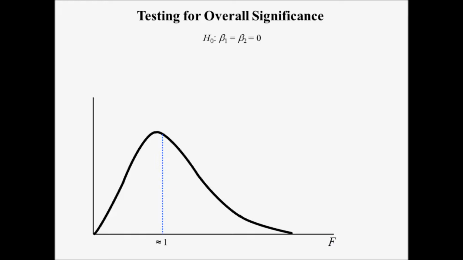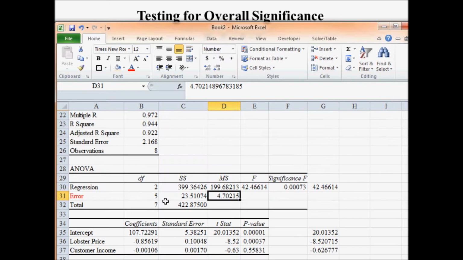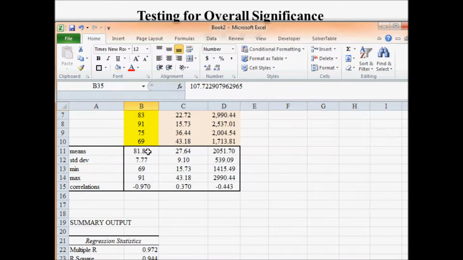Beta 0 would be the mean of quantity demanded. If that is the case, then b0 would be pretty darn close to the sample mean of y.